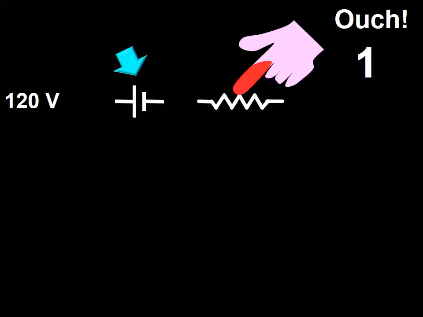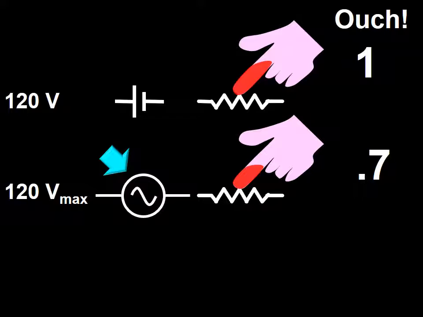In this frame, you can recognize the symbol for direct current. The voltage indicates that it's been steadily produced at 120 volts. The arrow points to the finger touching a resistor, and the red color indicates the extent of the burn when the finger is kept on the resistor for a while. I have given this pain the value of 1 Ausch.